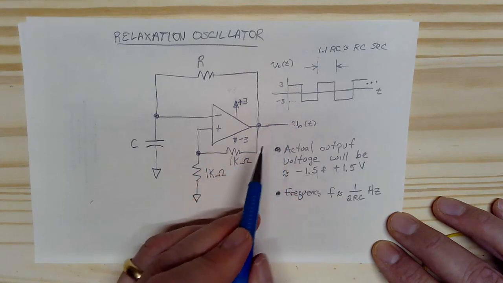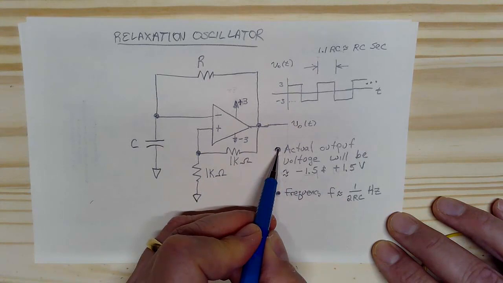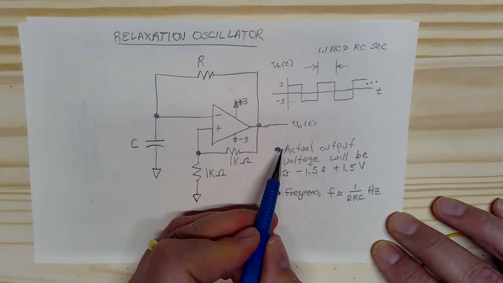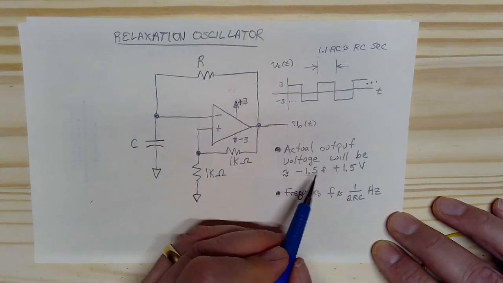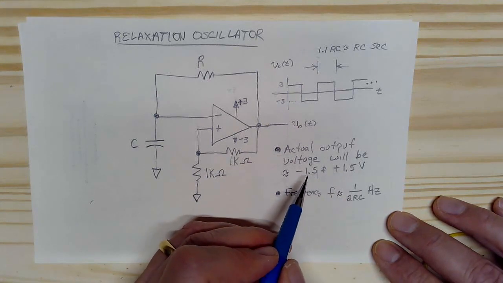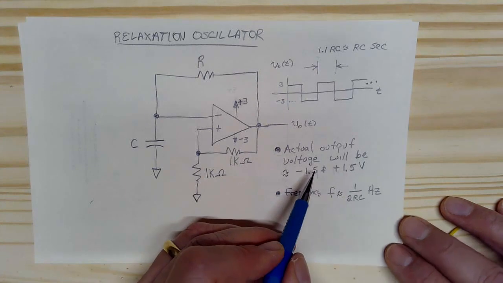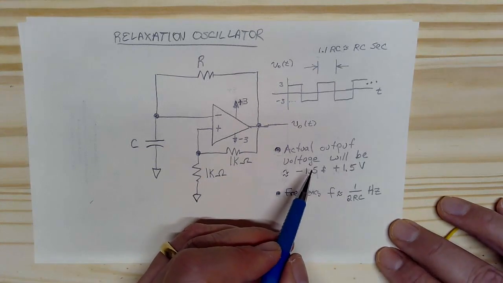That's just the internal voltage drop within the op-amp. So the actual output voltage, instead of being 3 and negative 3, is going to be something like 1.5 and minus 1.5. And that won't be a problem when we're using the audio oscillator, but 1.5 volts is not enough to turn on an LED. So that's something that we're going to have to spend some time on.